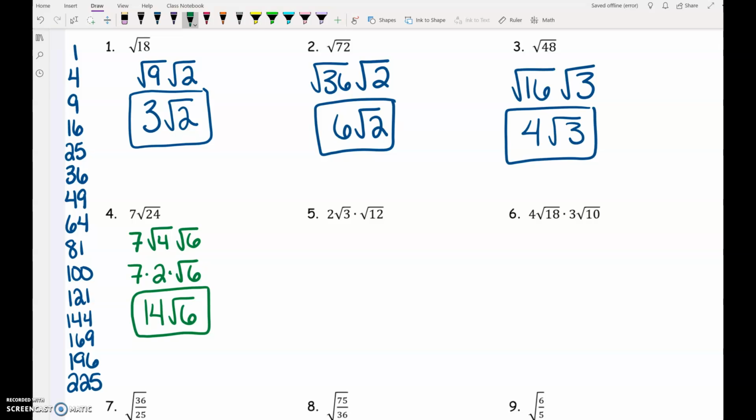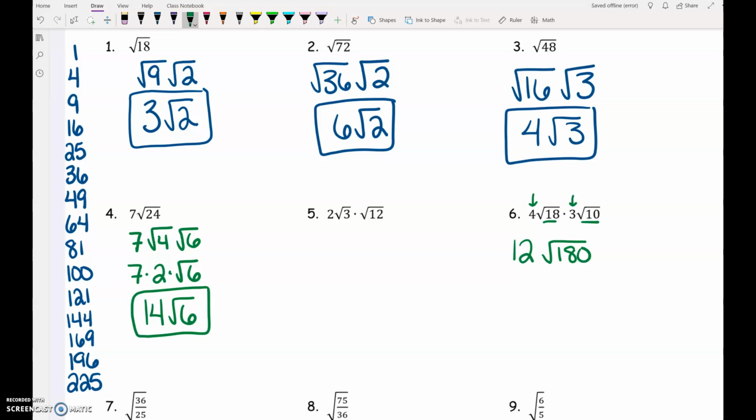So I cannot multiply the 4 and the 18 together, but I can multiply the 4 and the 3 together to get 12. And because 18 and 10 are both radicands, I can multiply those together to get the square root of 180.